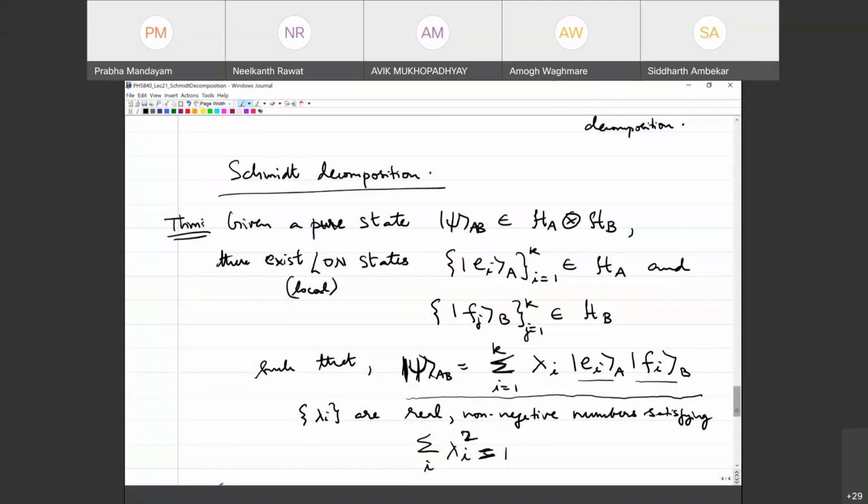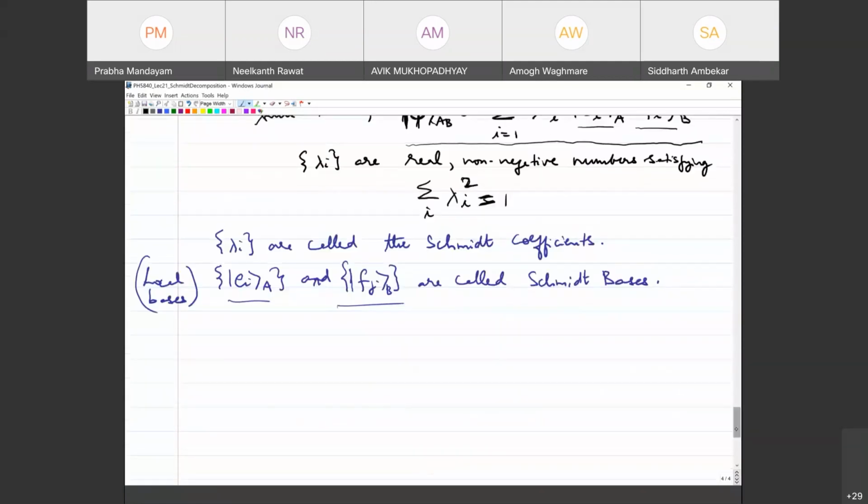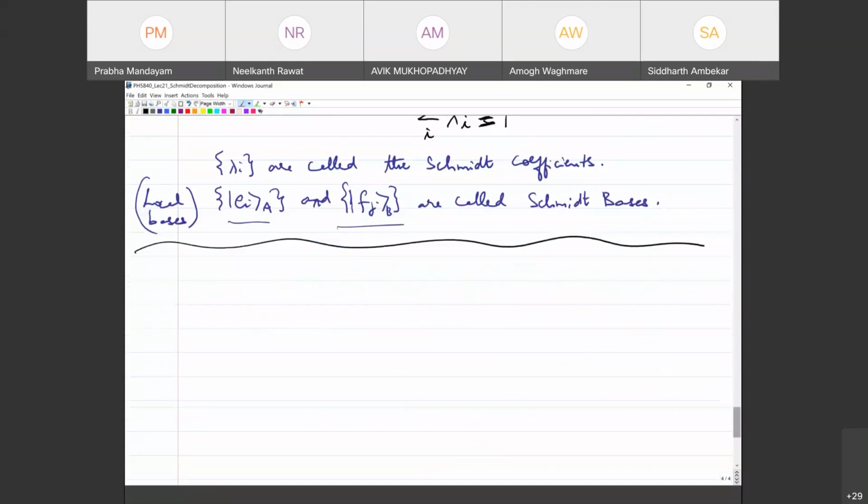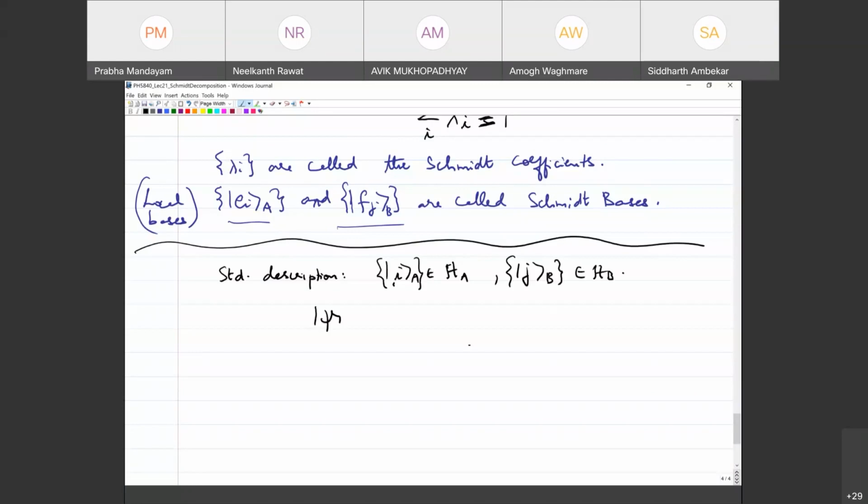So just to contrast with the standard description of a state, let me say there are some orthonormal bases I in A and J in B. Then the general description of a bipartite state is written as sum over I, J, Cij, I A tensor J B, right?